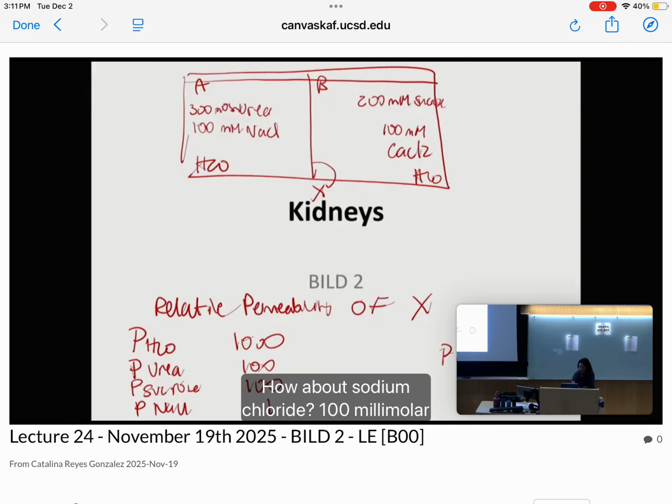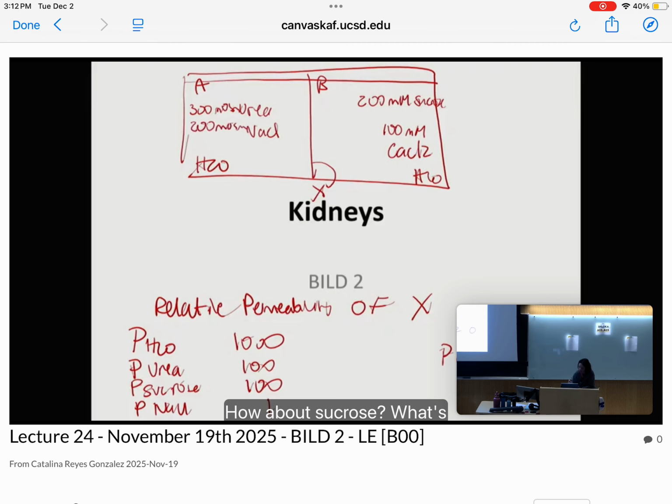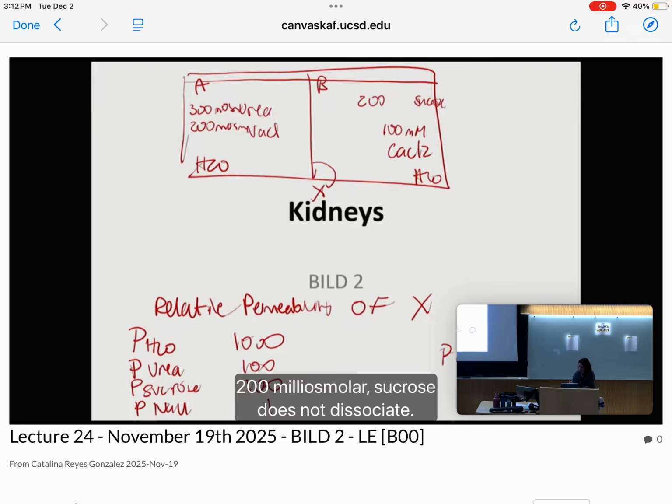How about sodium chloride? 100 millimolar is going to be 200, because sodium chloride dissociates into sodium and chloride, so a dissociation number of 2 gives us 200 milliosmolar. How about sucrose? 200 milliosmolar. Sucrose does not dissociate.